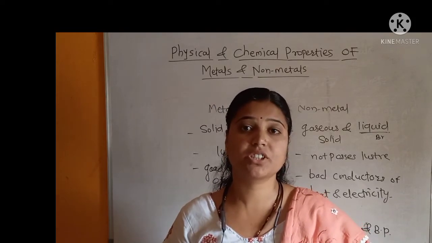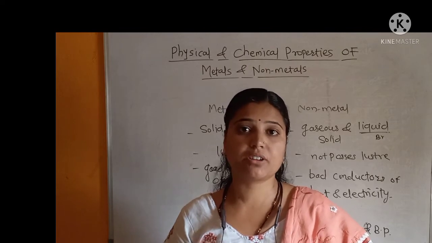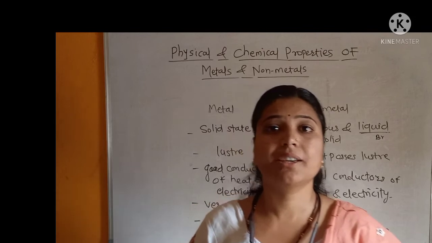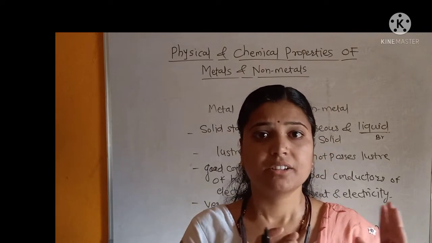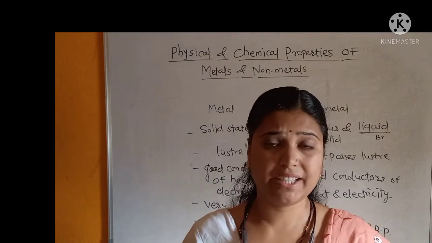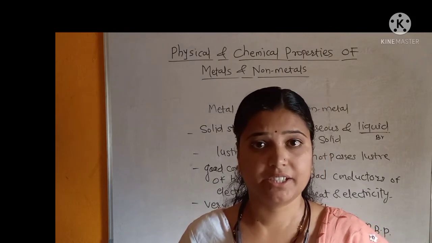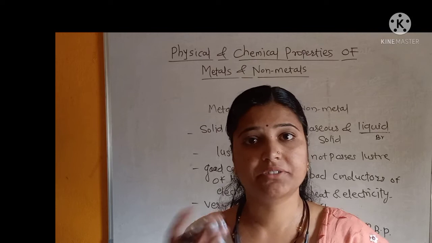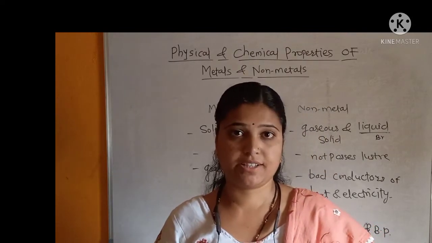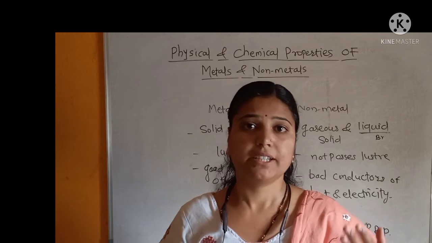Why this corrosion? Which type of reaction is happening? These we learn one by one in the next period. Metals react with other substances like water, acids, and different compounds. When one metal reacts with another metal, which type of reaction happens? We will learn all these in the next lecture.